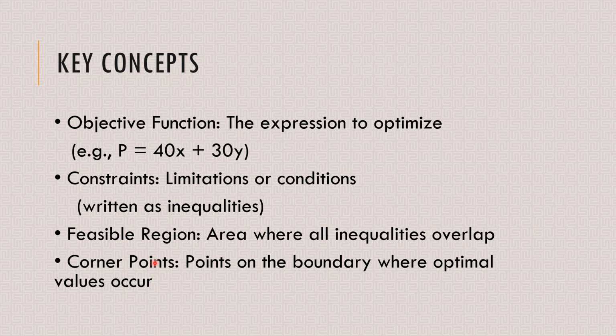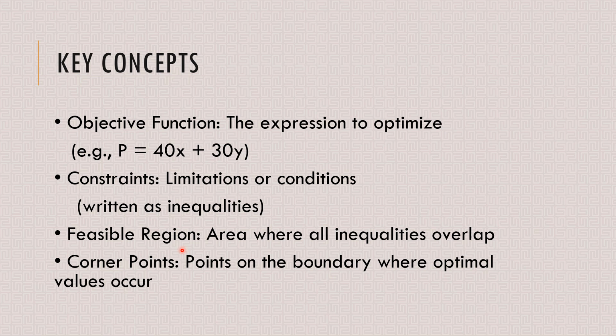Then there is also one important aspect that we need to keep in mind, that is the corner point. The corner points are the endpoints of the shape formed, whether it is a polygon or any kind of geometric shape. The endpoints are formed from the intersections of the lines that you've drawn.